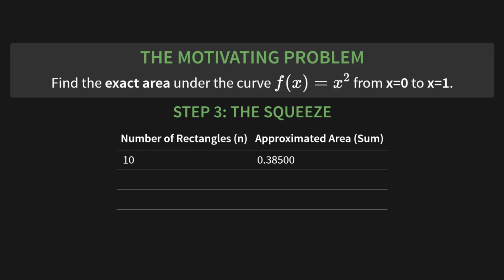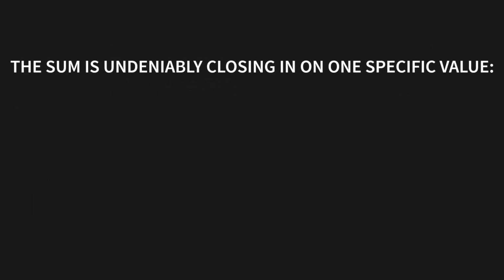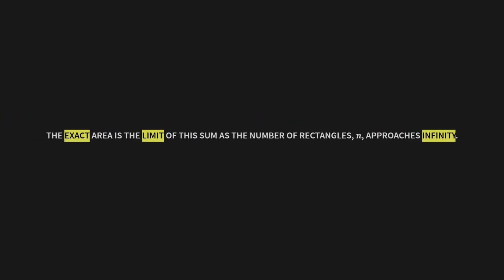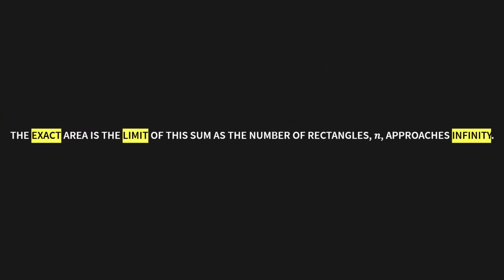When n is 100, it's 0.33835. 1,000, 0.33383. 10,000, 0.33338. The sum is undeniably closing in on one specific value. 1/3. And that is the core idea. The exact area is the limit of this sum as the number of rectangles, n, approaches infinity.